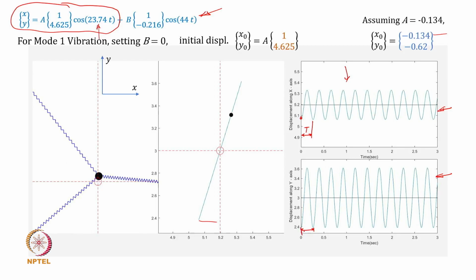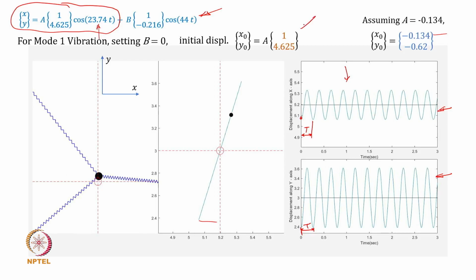So both x and y are executing with the same frequency, and both of them are completing the same number of cycles in a given period of time. So if it vibrates in mode 1, it vibrates harmonically and there is no contribution from other frequencies, a pure single frequency vibratory motion.